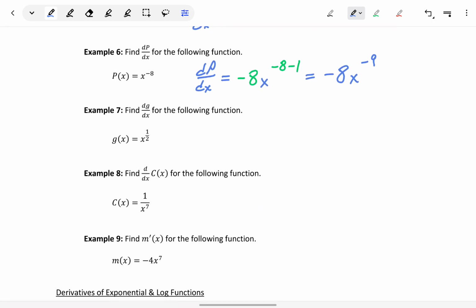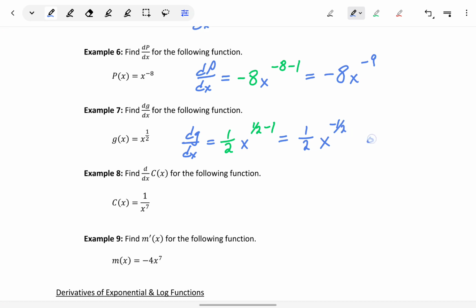Similarly, in example 7, now we have x raised to a fraction, so not just a whole number but some other value, but that doesn't change the way the power rule works. To find dg over dx, we bring that original exponent down as a factor in front, and the original exponent gets reduced by 1, which will give us 1/2 x to the negative 1/2.